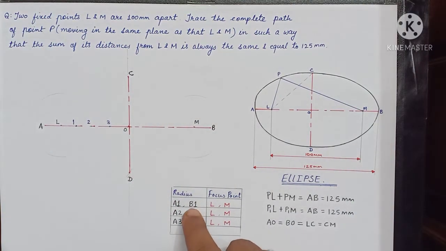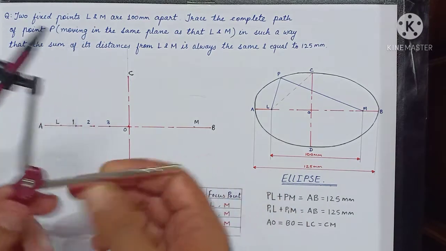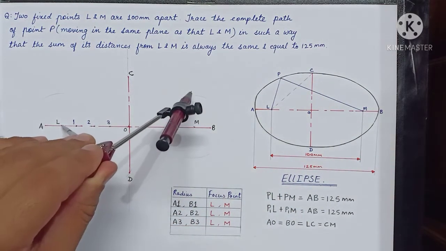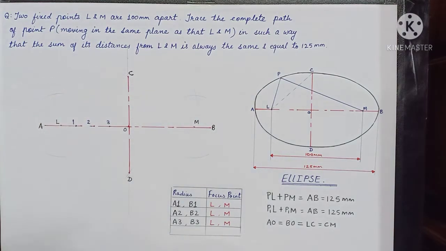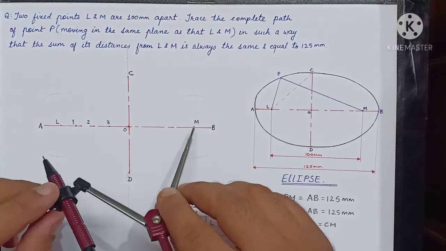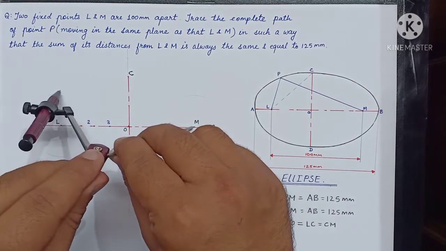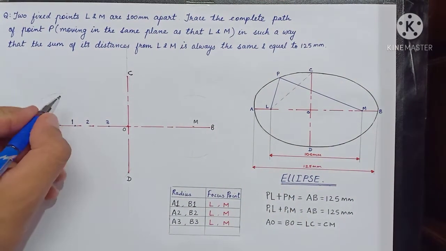Then use the second radius, that is distance B to 1. Place the compass needle on L and cut an arc both sides. Then place it on M and cut an arc, and we get 4 points.